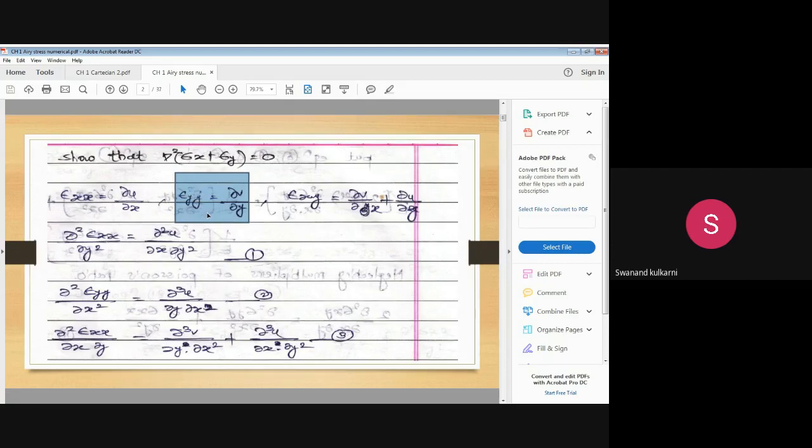After differentiating εyy two times, we get ∂εyy/∂x first, and this will become ∂²v/∂y∂x, and in the second differentiation it will become ∂²εyy/∂x² = ∂³v/∂y∂x². Is it okay?